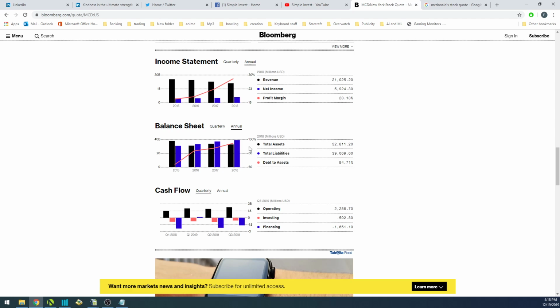Oh wait, the black one is the assets. So I was wrong. 2015 was the year where they had the most assets and the least liabilities. But now to 2018, their assets have actually dropped, while their liabilities have actually grown quite a bit, which is why the debt to assets red line is so high.